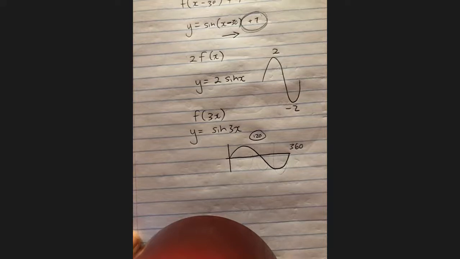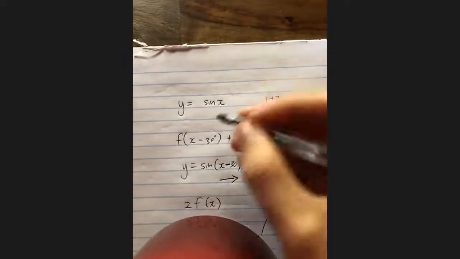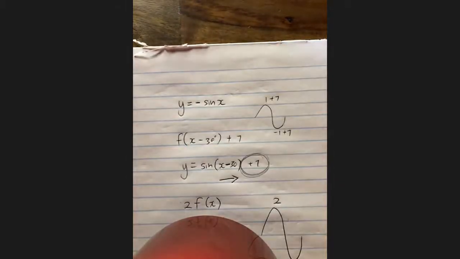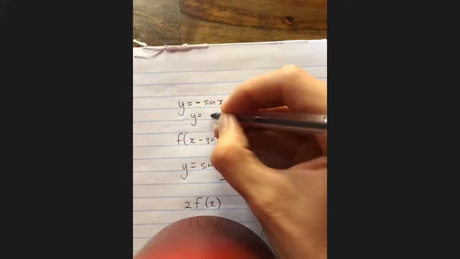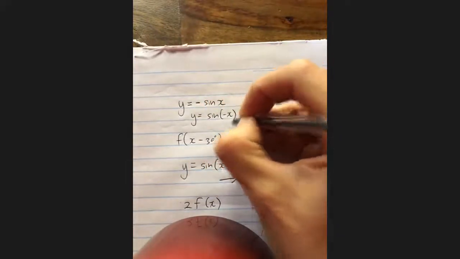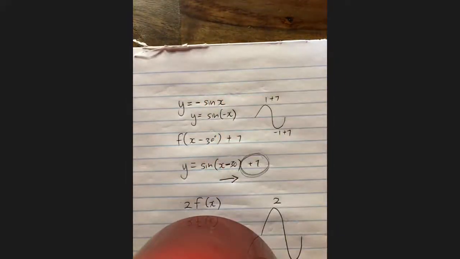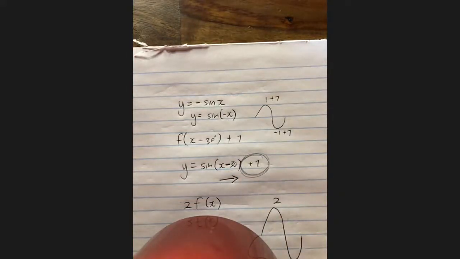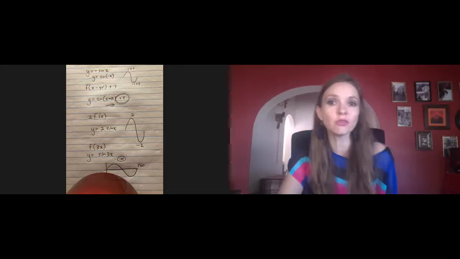Just remember, if they say reflection in the x-axis, you make y equal to negative. And then a reflection in the y-axis, you make x equal to a negative. Okay, so that doesn't normally really happen with a sine graph, but it does happen with parabolas and other functions that you might consider.